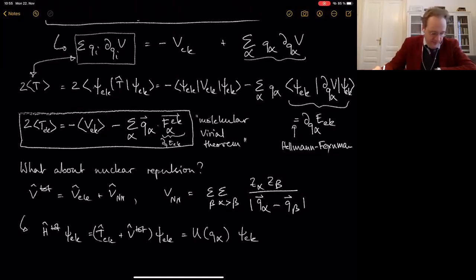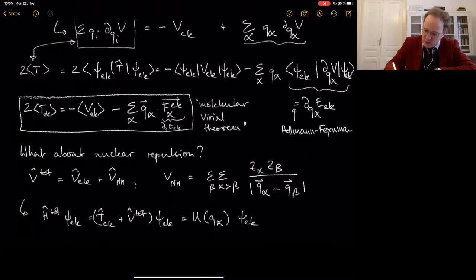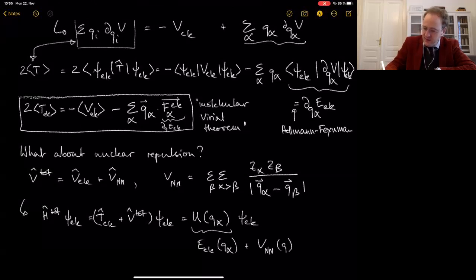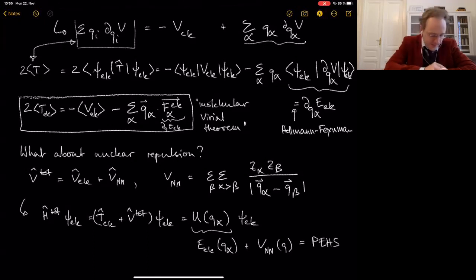Okay. So this U must equal the E Euler, parametric in your coordinates, plus your nuclear repulsion, right? And this is our potential energy hypersurface, right?